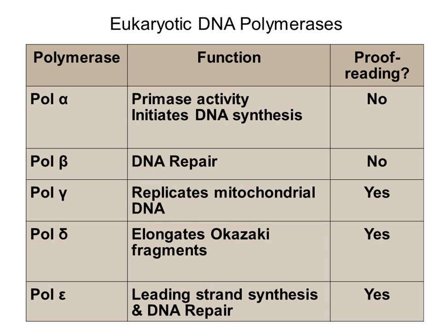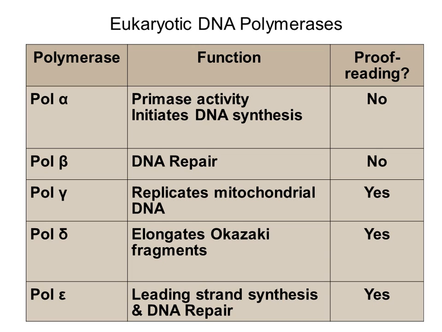So, some examples that you need to remember. DNA polymerase alpha in humans has the primase activity. Remember, that's what was required to start the DNA synthesis. Okay? Pol epsilon, arguably, is probably the most important one of this whole group, and it synthesizes the leading strand, and it's also involved in DNA repair.